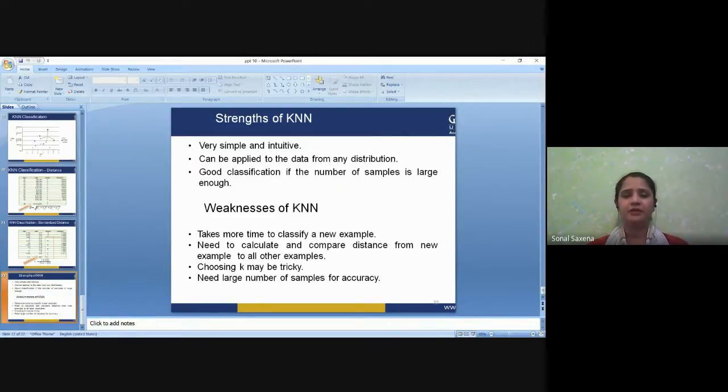As I have told you, KNN will perform efficiently only if you have a huge data set, a large sample of data. If you don't have the availability of large samples, then you can question the accuracy.